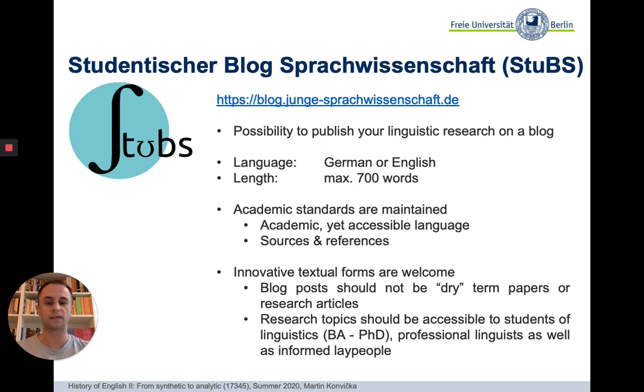All of the academic standards will have to be maintained, so references, bibliography, sources, and everything, but it will be accessible to a broader public than a simple term paper. This is also one of the alternatives to a normal term paper that I mentioned in the beginning.